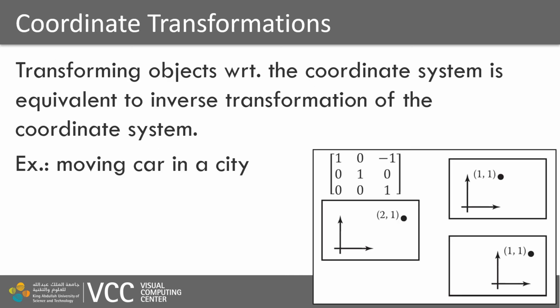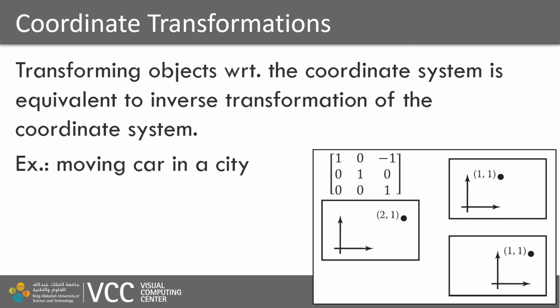The last topic of today we will dedicate to coordinate transformations. The notion so far was that we have some fixed coordinate system, and within this fixed coordinate system, we are transforming the objects, the points, or the vectors in case of some linear transformations.